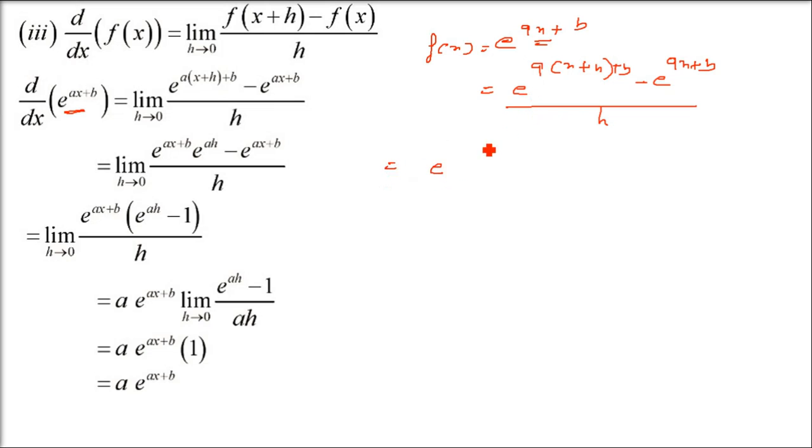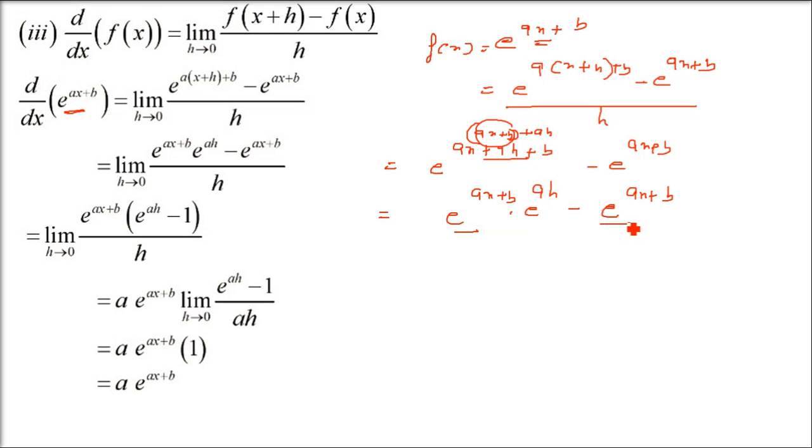What do you get? e raised to ax plus ah plus b. You can write this as ax plus b plus ah, just to make it equivalent to the other one, that is e raised to ax plus b. Now this can be written as e raised to ax plus b dot e raised to ah, minus e raised to ax plus b.